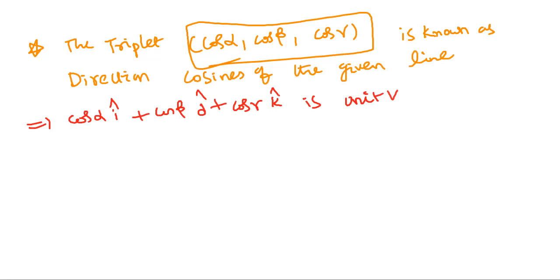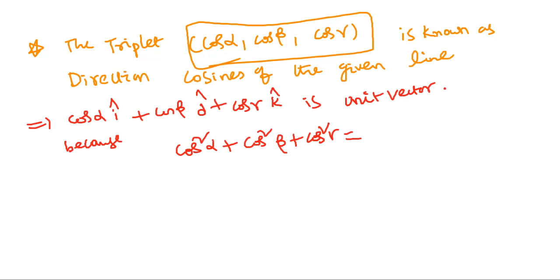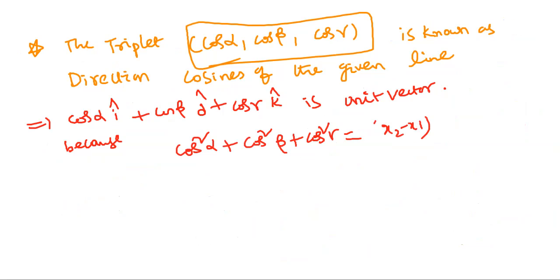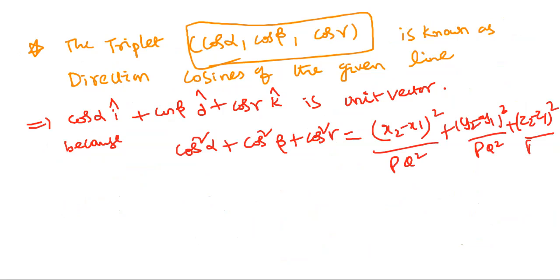You know why? Because of the most important property: cos square alpha plus cos square beta plus cos square gamma is going to be x2 minus x1 whole square by PQ square plus y2 minus y1 whole square by PQ square plus z2 minus z1 whole square by PQ square, that is equal to 1. After all, PQ square is the distance between the points.